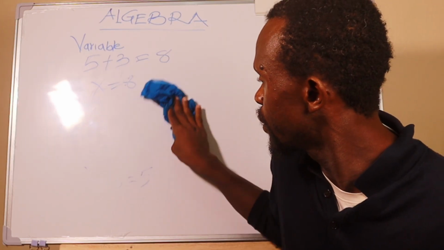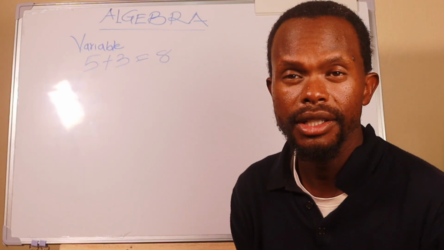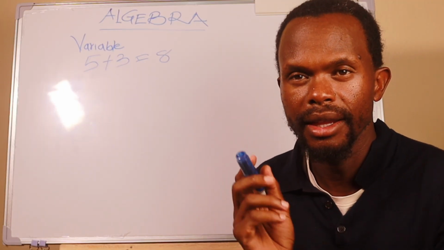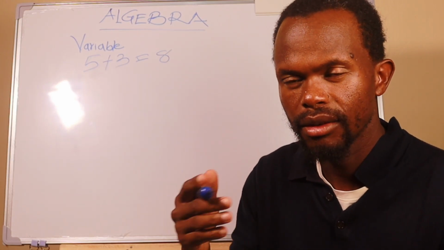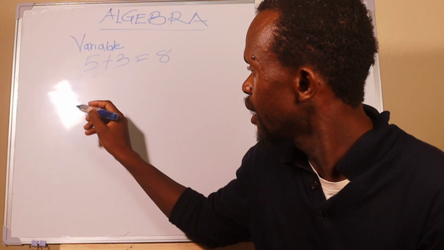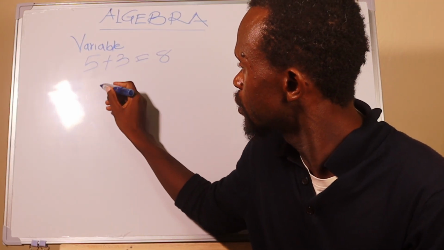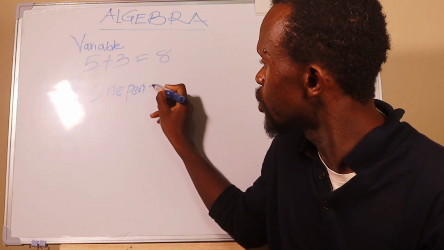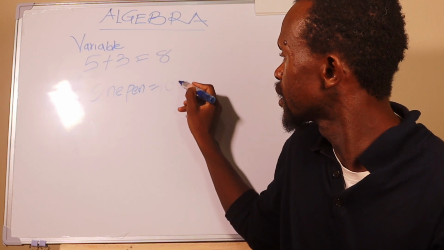We can expound this into a sentence. Say for example, we've been told that the value of one pen is 10 shillings.